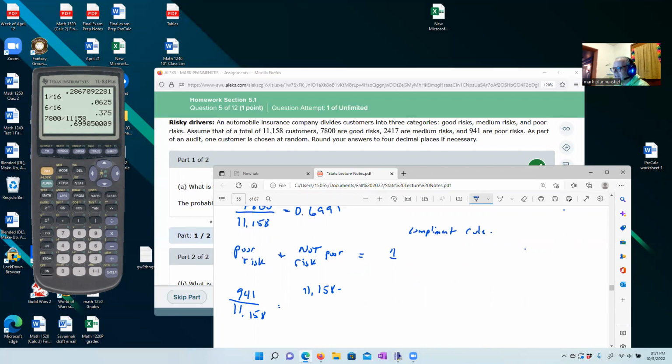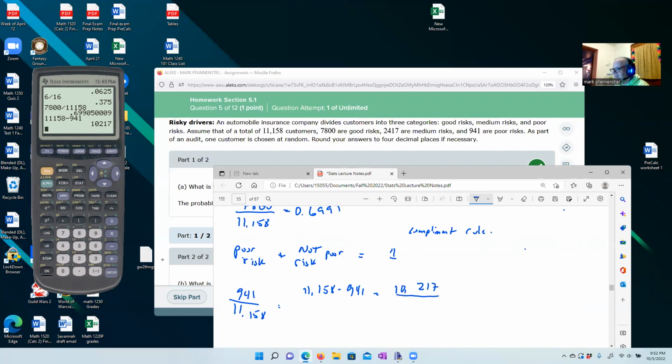We're going to subtract off 941 people who are poor risks. So that's 11,158 minus 941 people who could be poor risks, and that's going to be 10,217.